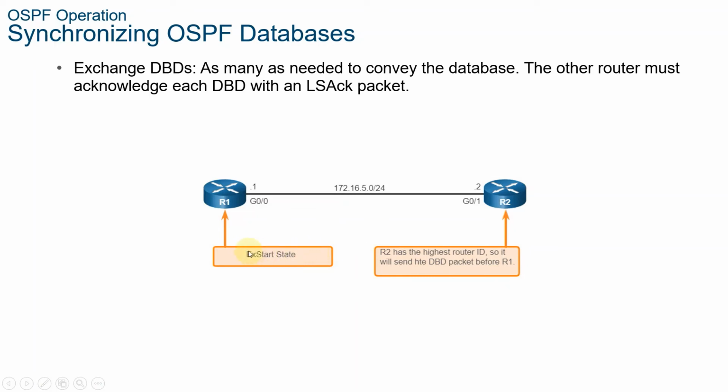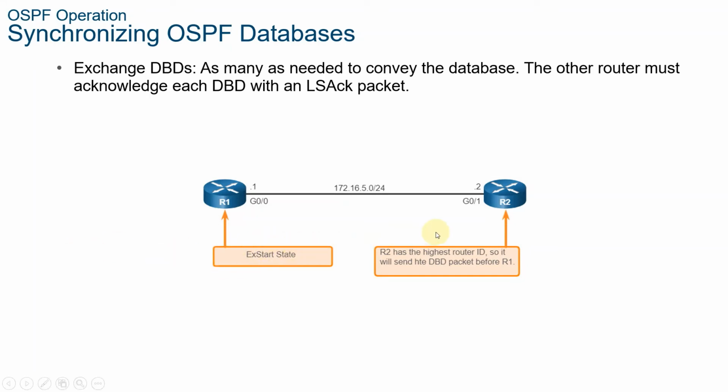Each LSA entry header includes information about the link state type, the address of the advertising router, the cost of the link, and the sequence number, right? The router uses the sequence number to determine the newness of the received link state information.